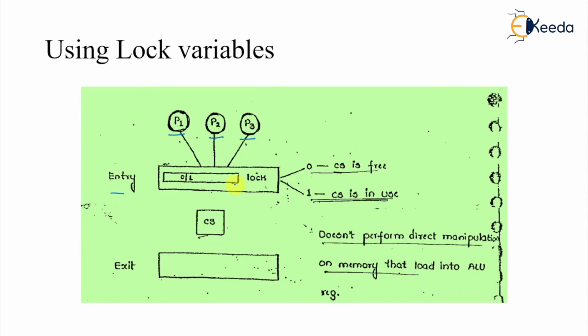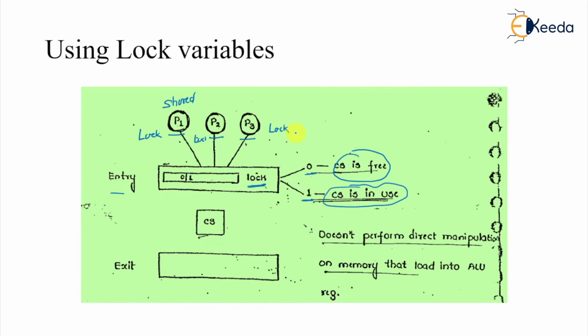At the entry section we will have a lock variable. If lock is 0 then the critical section is free, and if lock is 1 then the critical section is in use. The lock variable will be a shared variable, and the one who has the value 1 will enter the critical section.